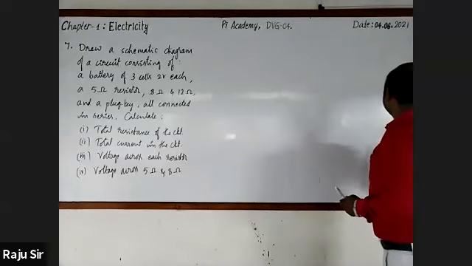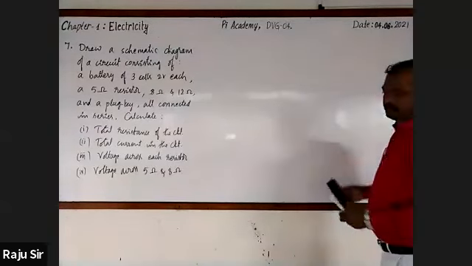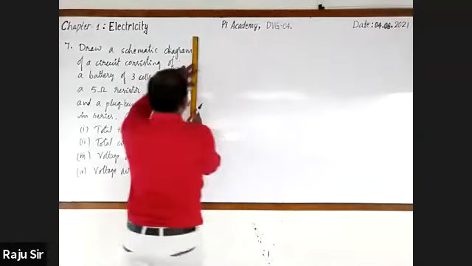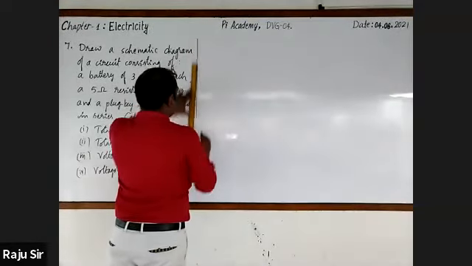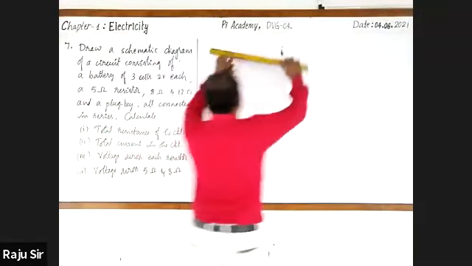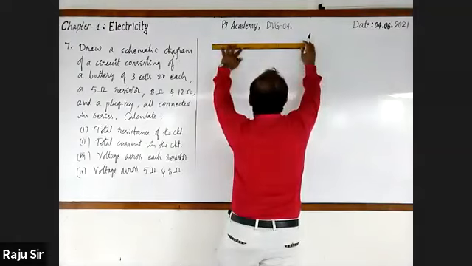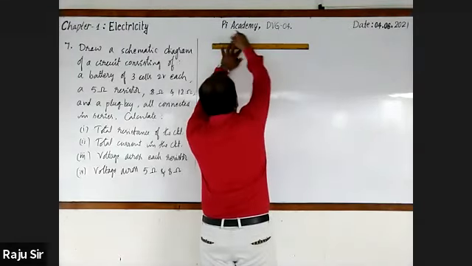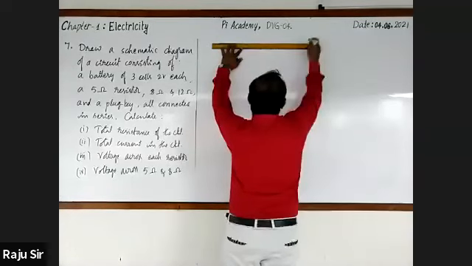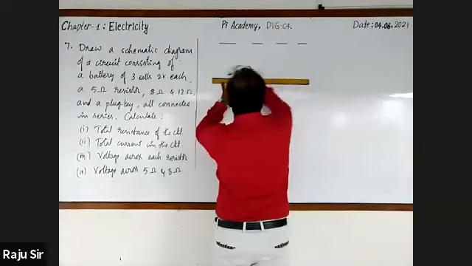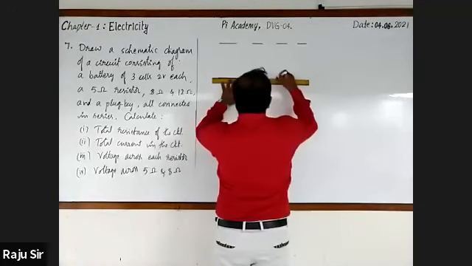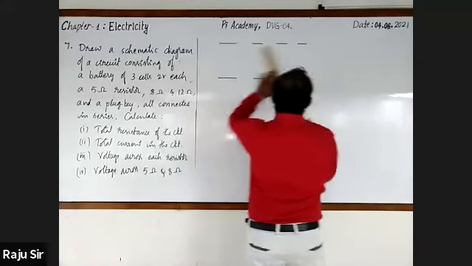We take scale and pencil. Here 3 resistors are there. They should be connected in series: first, second, and third. No voltmeter or ammeter is given. Here it is battery and a switch.